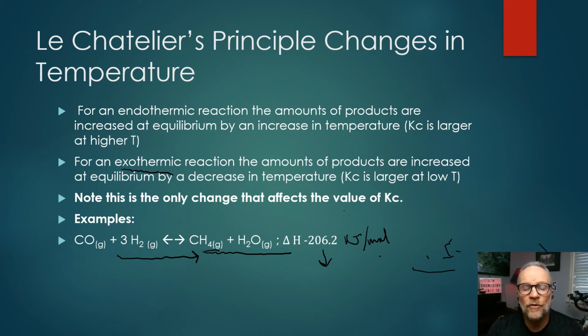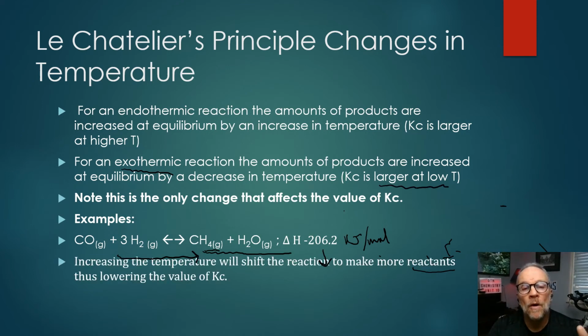You can think of the energy being on this side, and if you lose that energy, the system is going to shift toward that side to replace it, and so the products will increase. So Kc is larger at low temperatures.